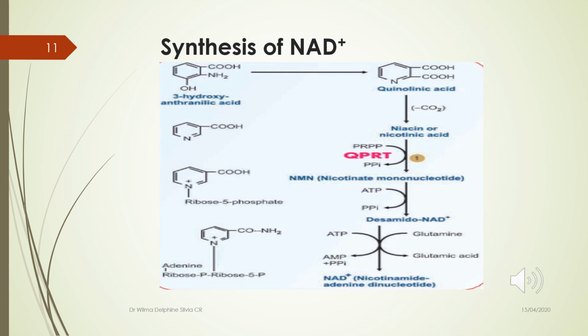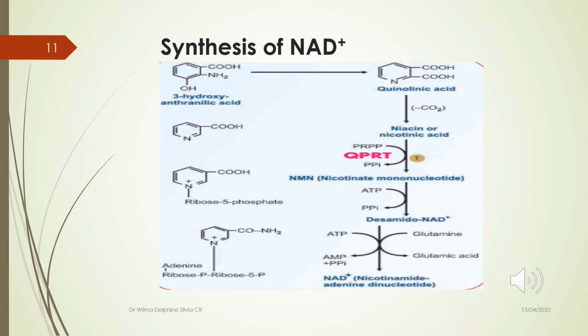The 3-hydroxyanthranilic acid obtained in the kynurenine pathway can either enter into formation of acetoacetyl-CoA or formation of NAD+ and NADP+. Only 3% of 3-hydroxyanthranilic acid undergoes several steps to form quinolinic acid, which in turn undergoes decarboxylation to form niacin or nicotinic acid.